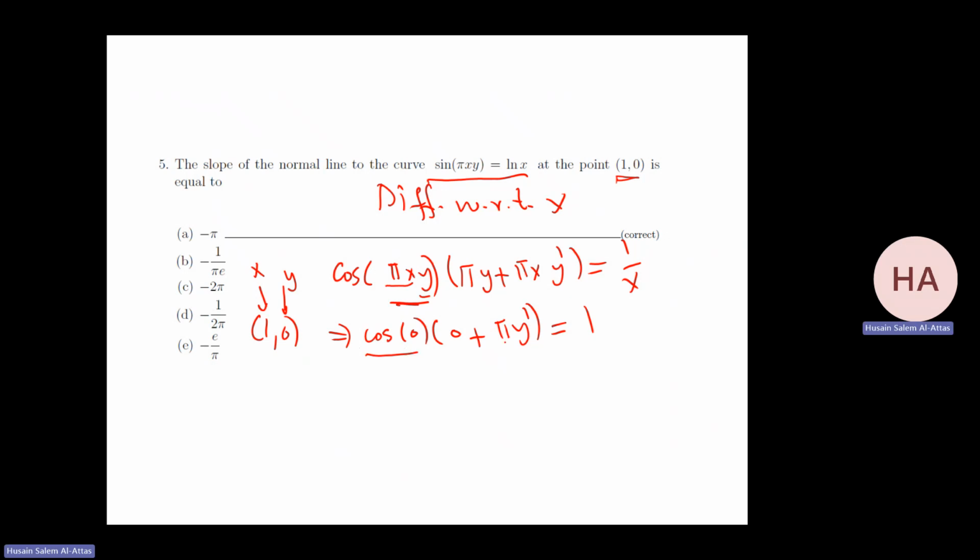Cosine 0 is 1. So I have pi y prime equals 1, so y prime equals 1 over pi. So the slope of the tangent is 1 over pi. What will be the slope of the normal? Reciprocal of this times the minus sign: minus pi. So this will be my answer.